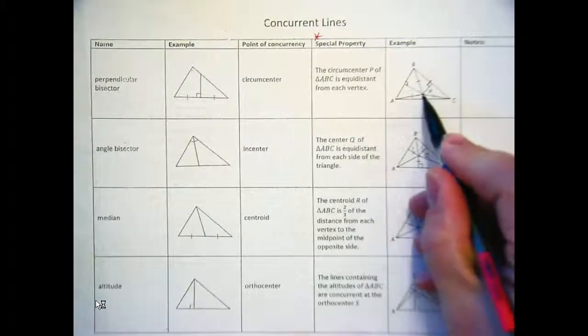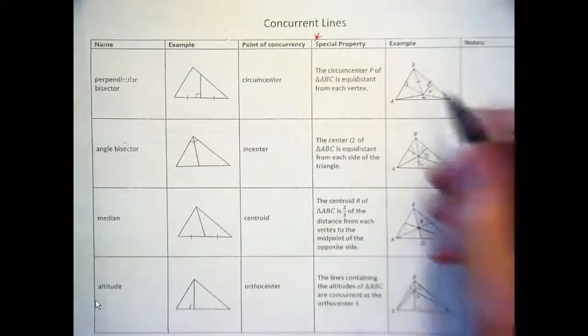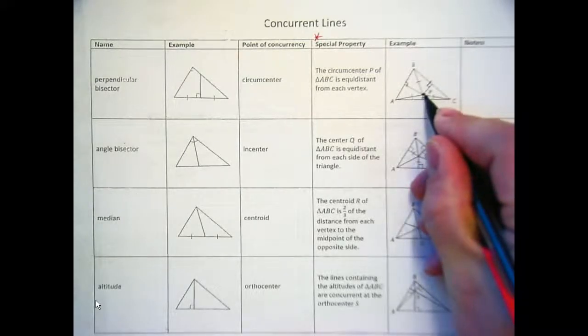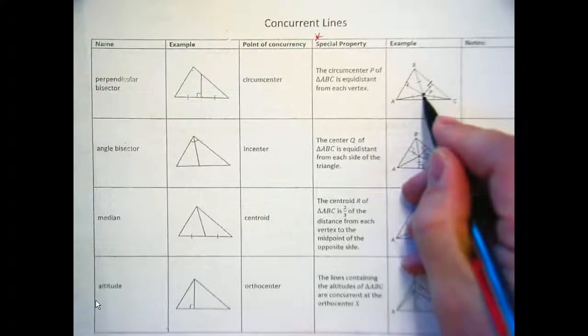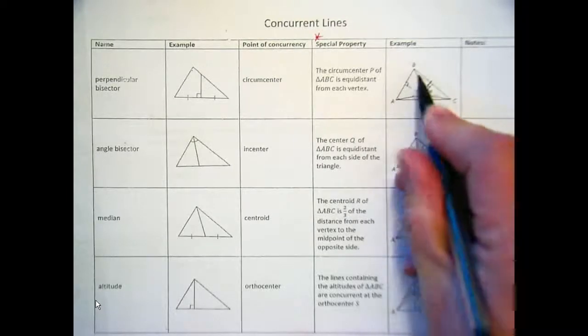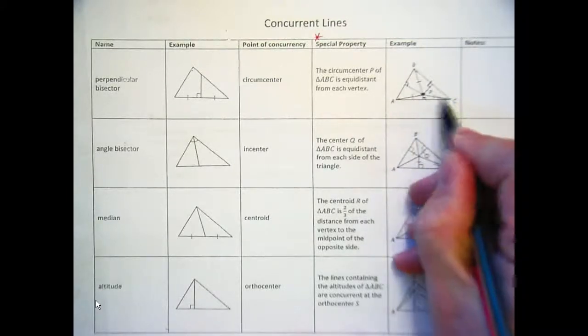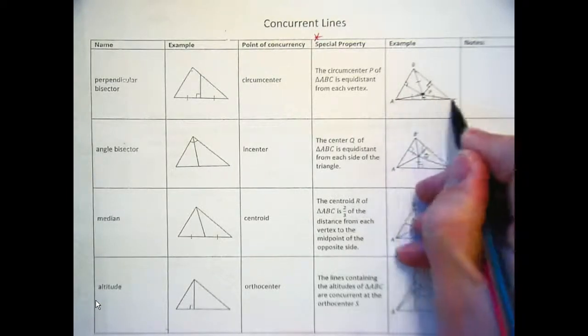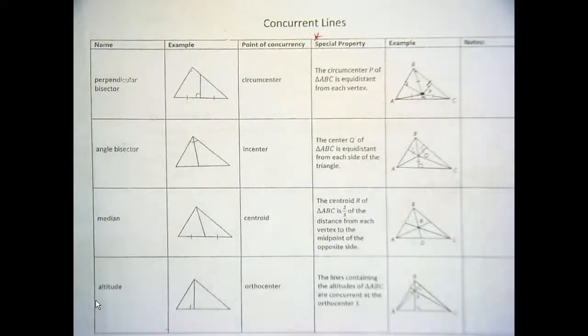Notice they haven't been extended all the way like ours were. We stopped right where they intersect. From that point, that circumcenter, this is equidistant to each angle. That's the special property a circumcenter has.